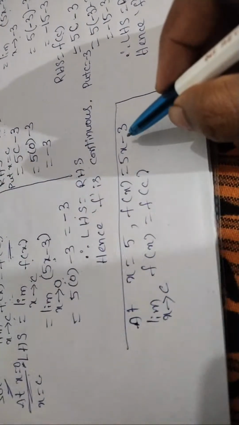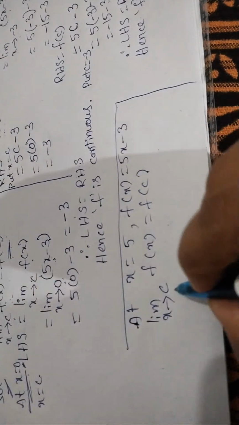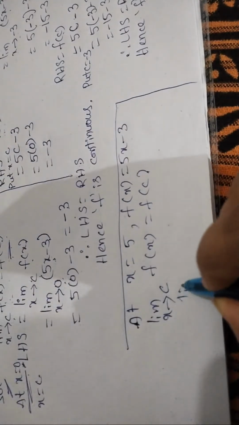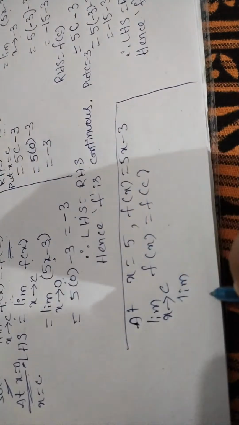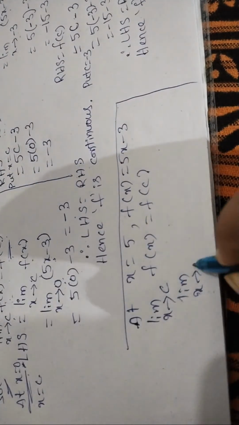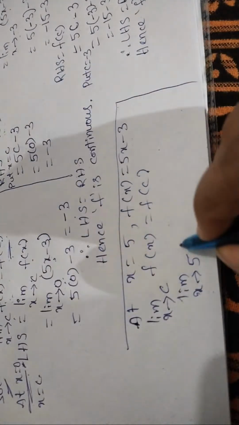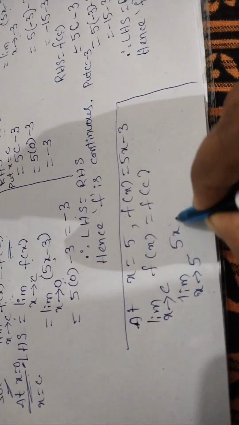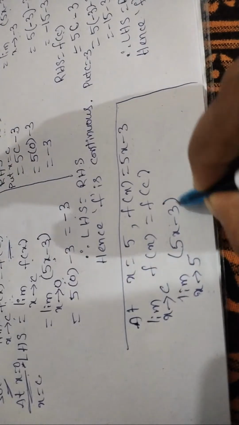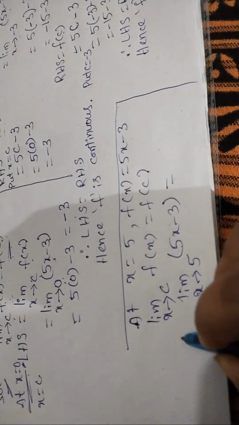Now write the function here and the c value. What is the c value here? 5. Limit x tends to 5, f of x, what is the function here? 5x minus 3. This is LHS.